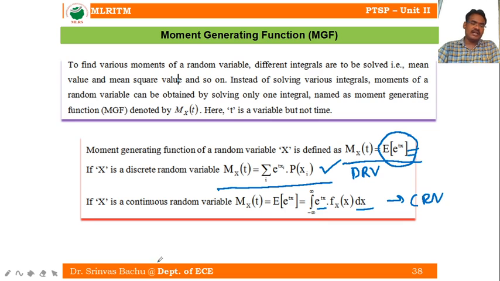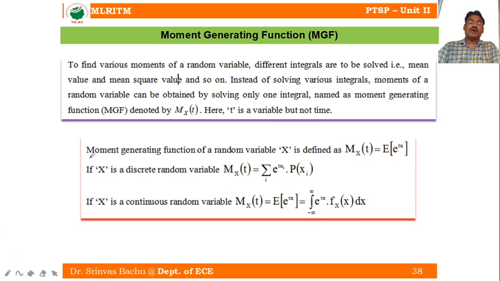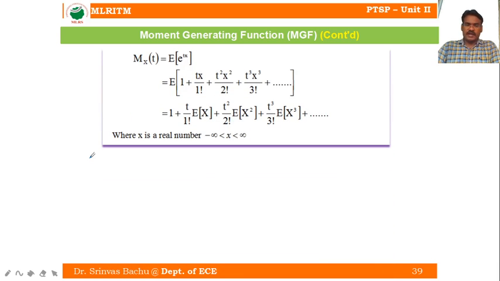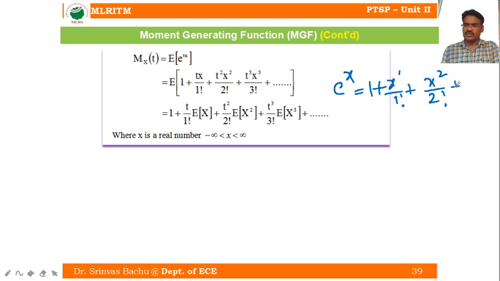Now we can generate any moment from this. How to generate these moments? Now we will see. I am expanding e to the power tX using the power series formula: e to the power x equals 1 plus x by 1 factorial plus x squared by 2 factorial, and so on.